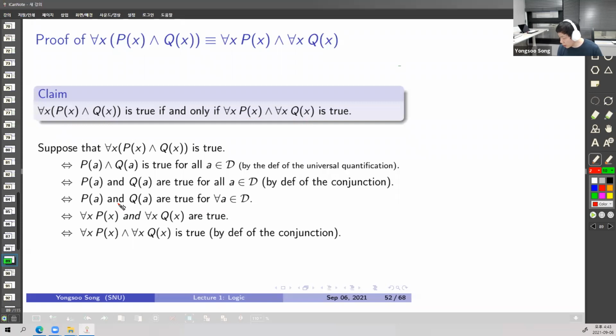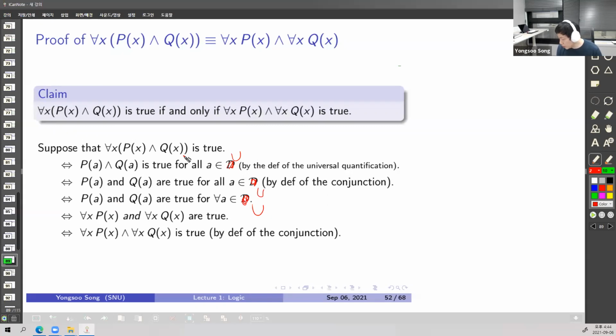Sorry, I used two different notations in the same slide. I use U in general to denote the domain.